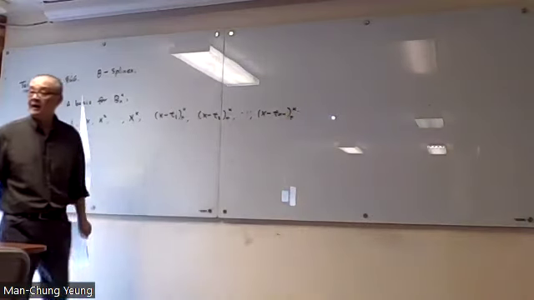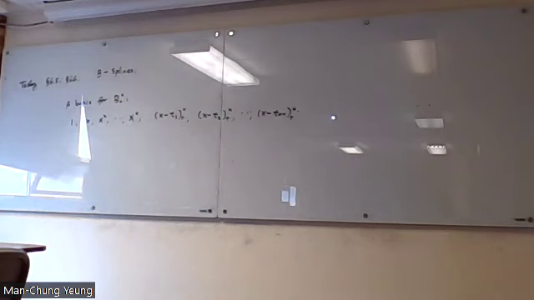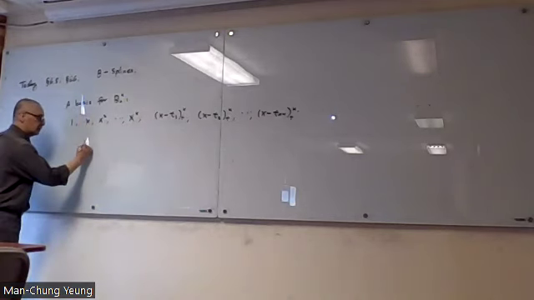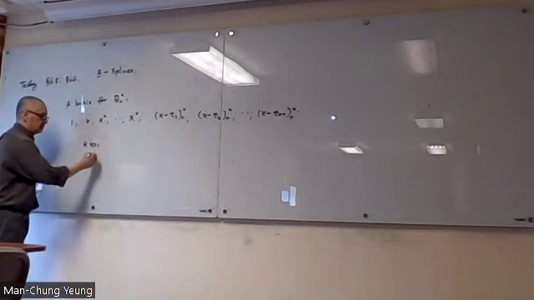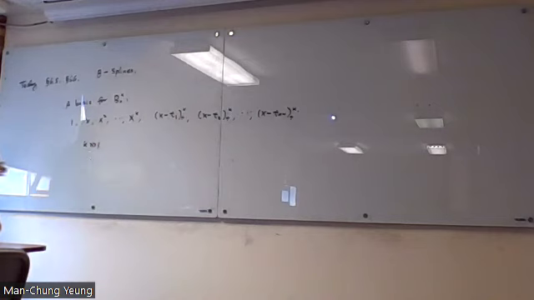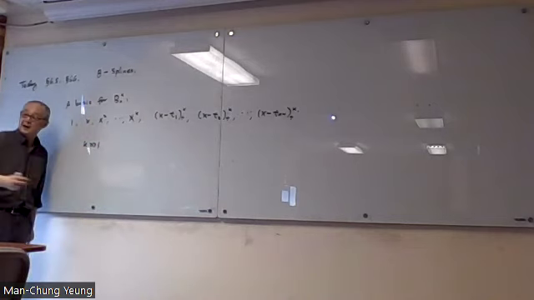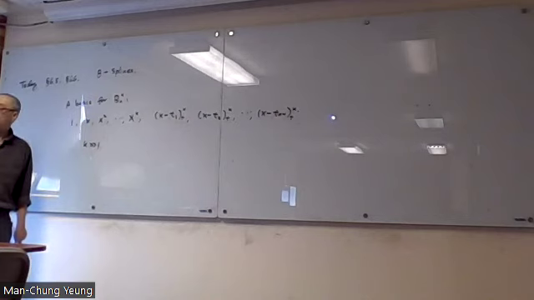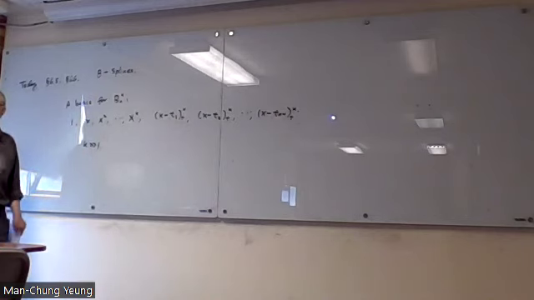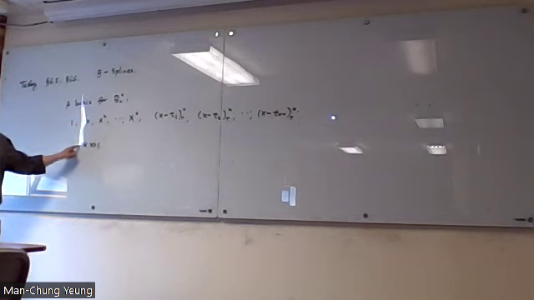But there is a drawback about this basis when K is large. This symbol means much larger, very large. Say for example, K is 100.